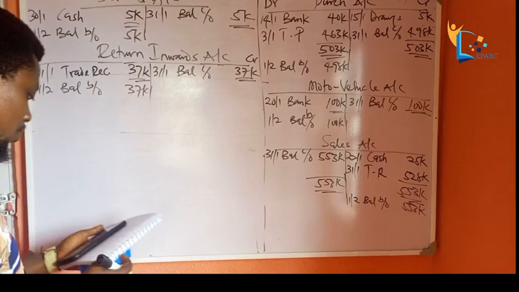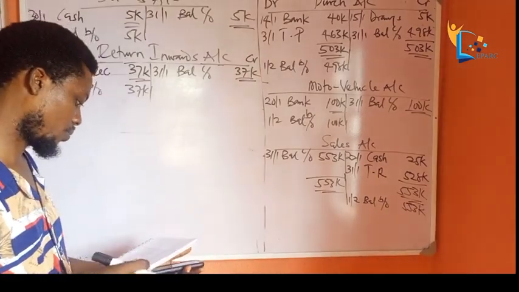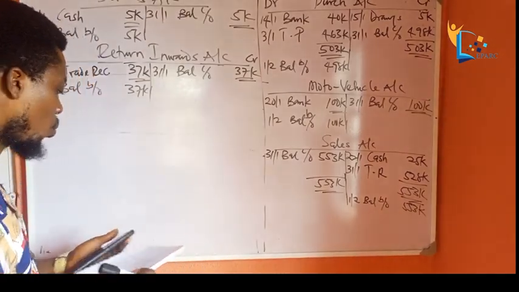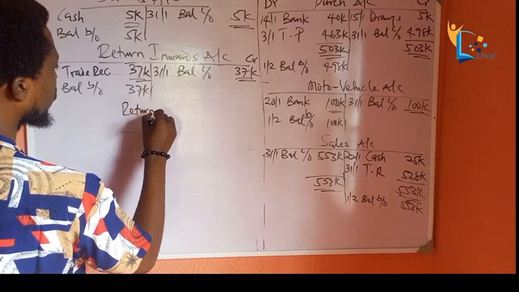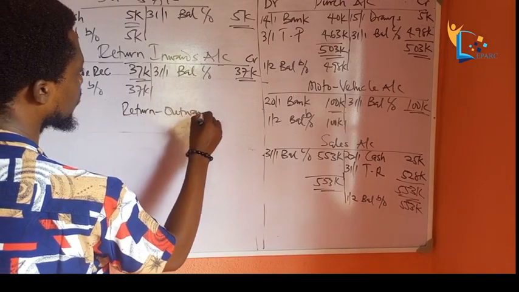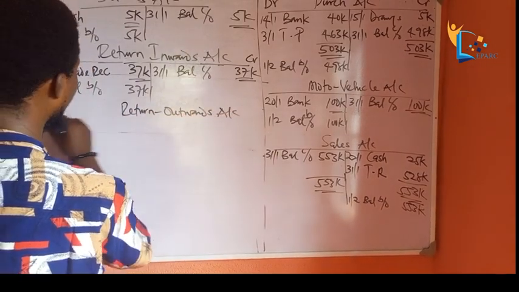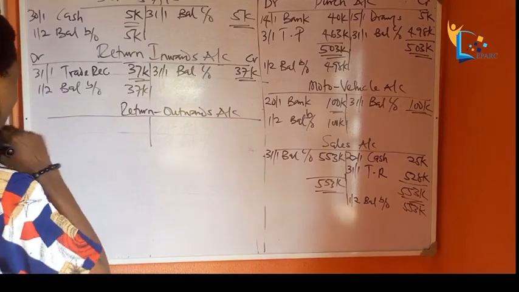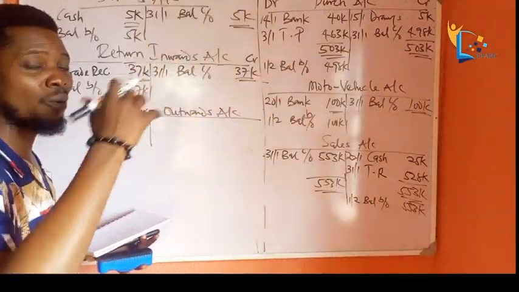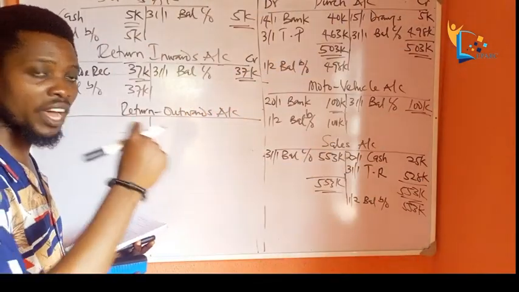Okay, we still have a few left. So we have return outwards account. So the total from return outward book, we are bringing it here.